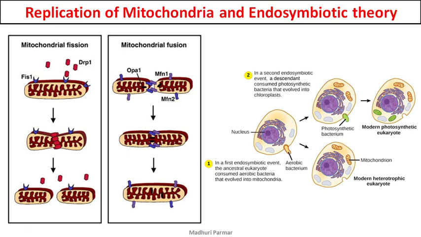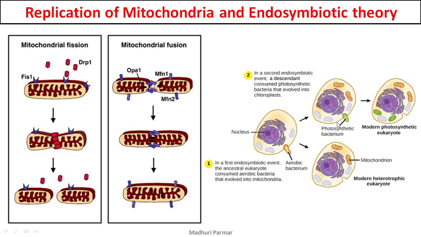So this bacteria entered the cell, and as it entered the cell, it found that the cell will provide it with nutrition and it can help the cell by providing it with ATP. So they found this symbiotic relationship, and later on this aerobic bacterium inside the cell, after a long time, became mitochondria.